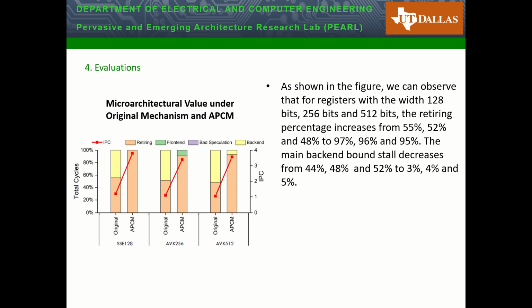The main backend bound stall decreased from 44%, 48%, and 52% to 3%, 4%, and 5%. And the IPC score from 1.2, 1.1, and 1.05 to 3.6, 3.5, and 3.3.